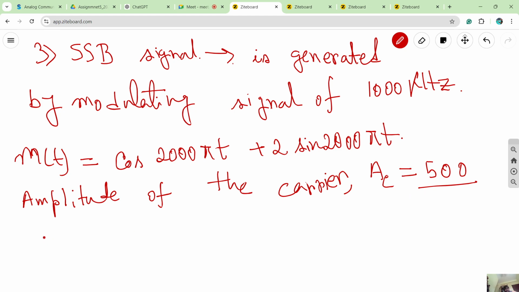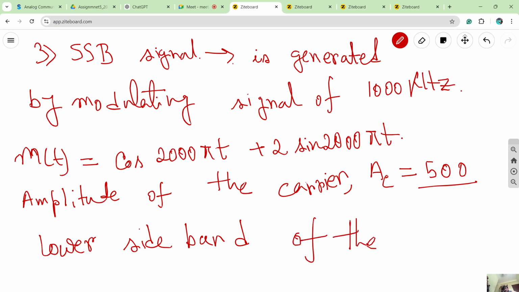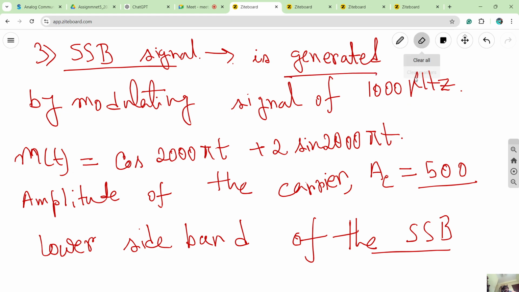So we have to find what is the lower sideband of the SSB signal. This SSB signal is generated by, probably this is hertz, I don't think it is 100 hertz, 1000 hertz.